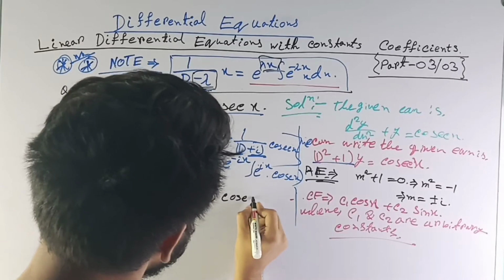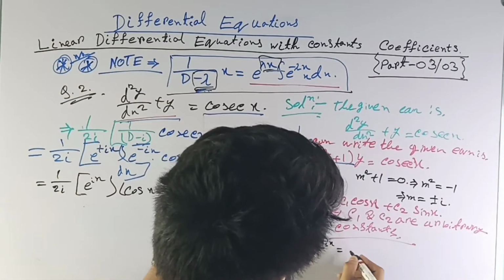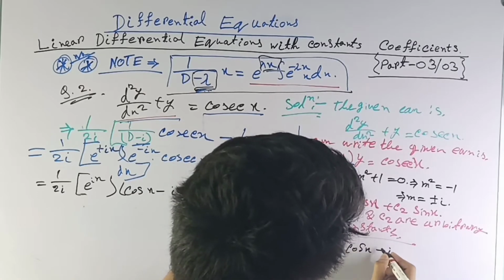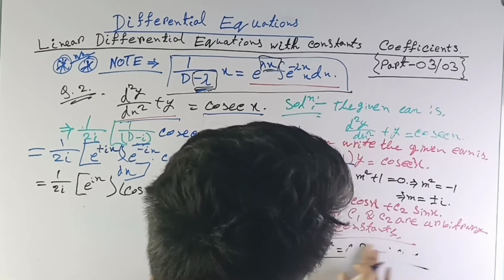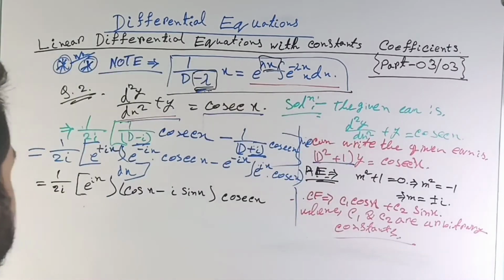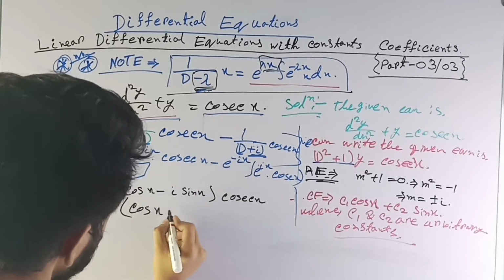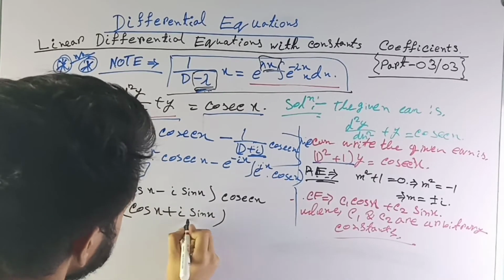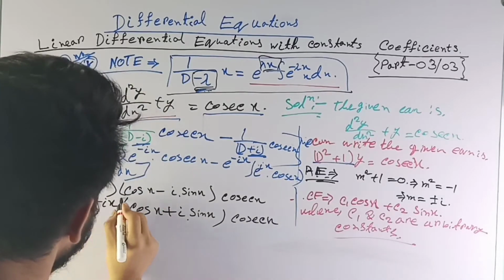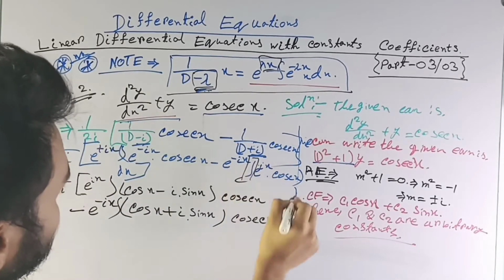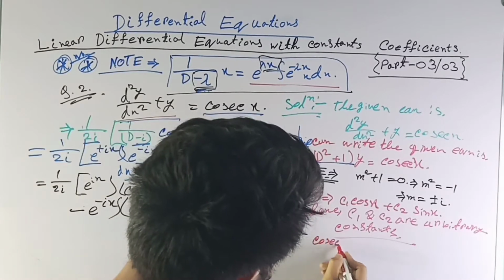Also watch the first, second, third whole videos, or you can see the playlist of these differential equations. Okay, so now we can write this. So e to the minus ix of cos x plus iota of sin x, that's it, over sin x, the integration dx. We also write it.